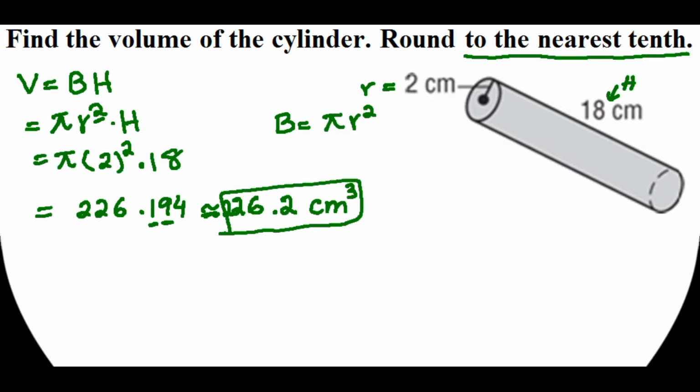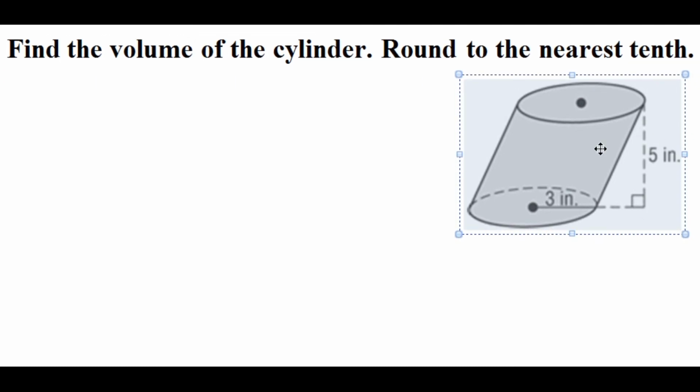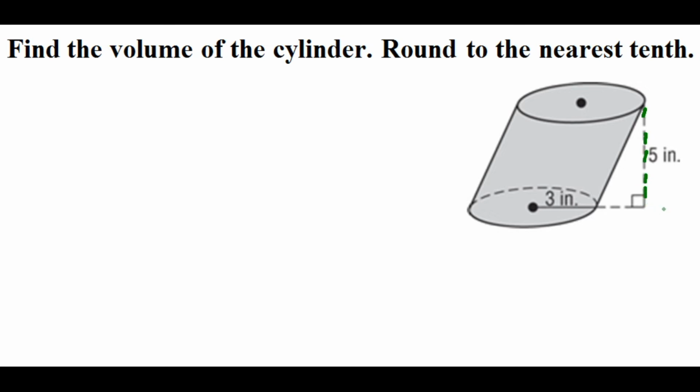Okay, our next example is, you can see this one is an oblique cylinder. For an oblique cylinder, in our last video we saw that the height is always outside. So our height here is 5 inches, which is outside the cylinder, and radius is 3.